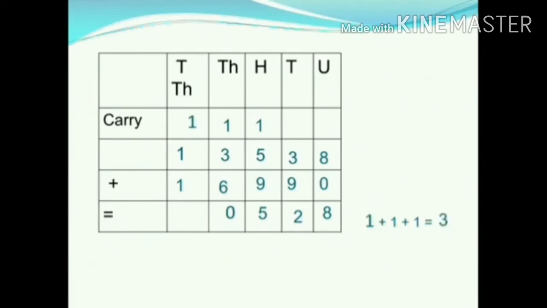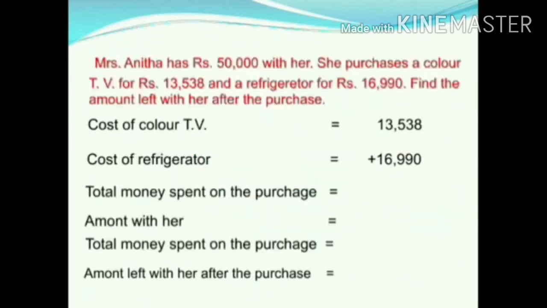Write 3 in 10,000s place. Total money spent on the purchase is 30,528 rupees. Amount with her is 50,000 rupees. Total money spent on the purchases is 30,528 rupees. Now we will find out amount left with her after the purchases.